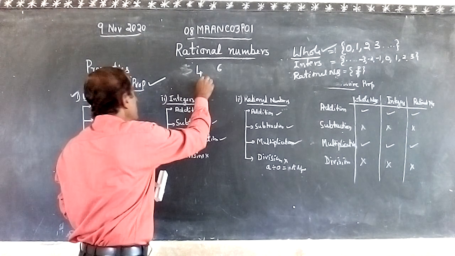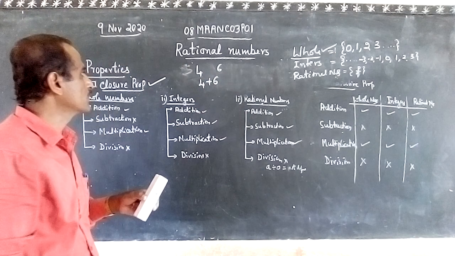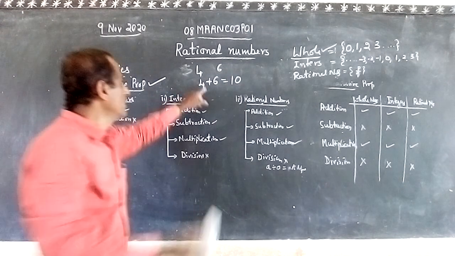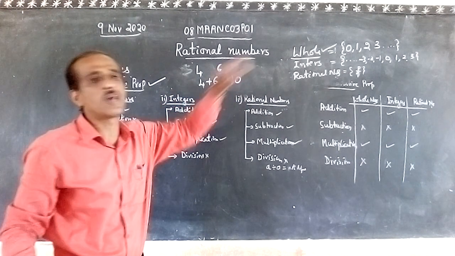If we add 4 and 6, we get 10. Now, 4 is a whole number, 6 is also a whole number, and 10 is also a whole number.